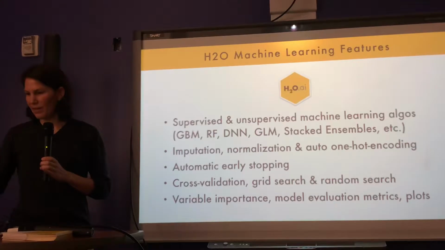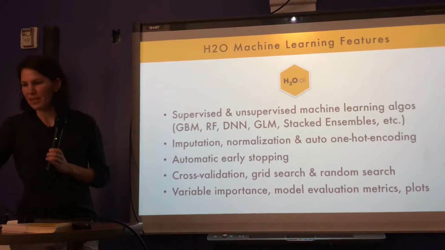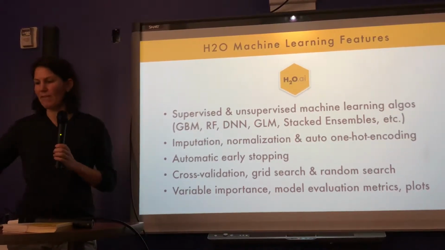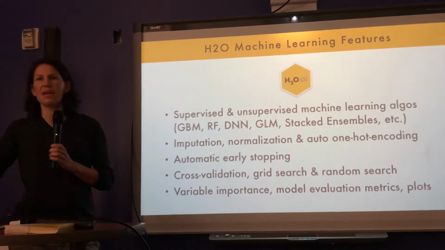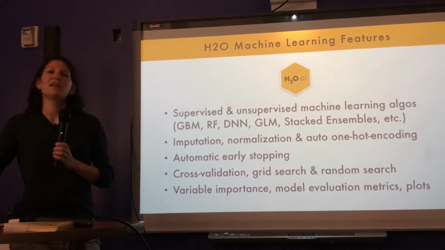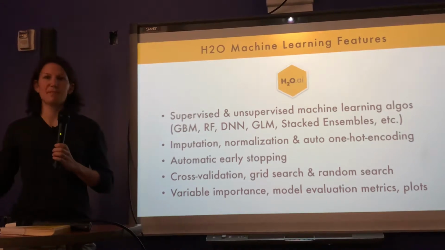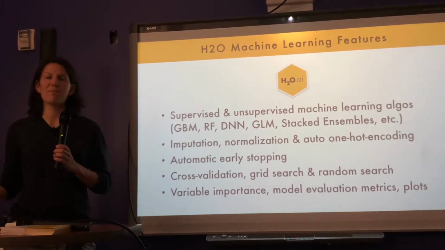All right, so let's get back to machine learning. Some of the features of the H2O library are, basically we have a bunch of supervised and unsupervised machine learning algorithms, and we've implemented all of these from scratch. We take careful consideration of what we put in the library, because we have to maintain all of this code, and it has to be distributed, and it has to be high performance.